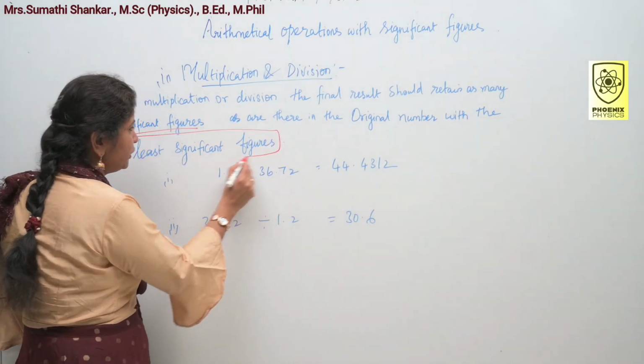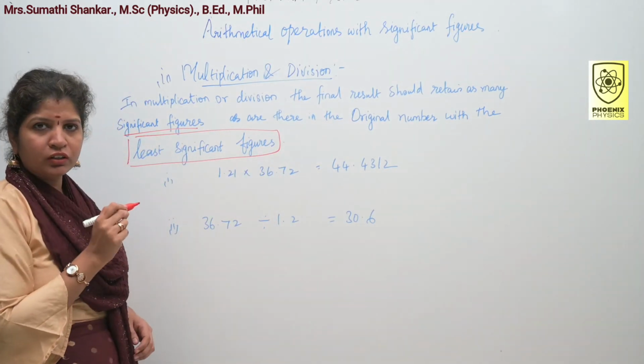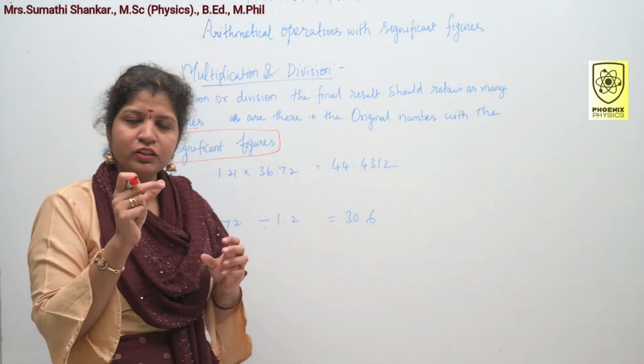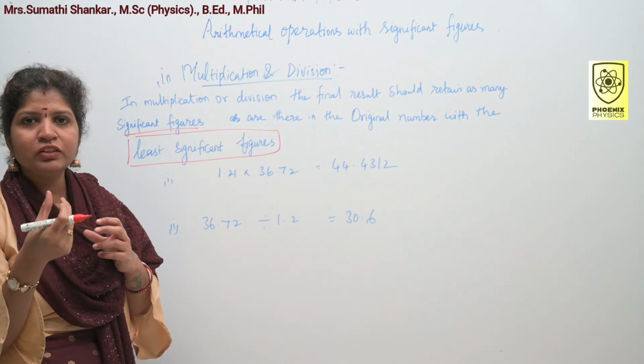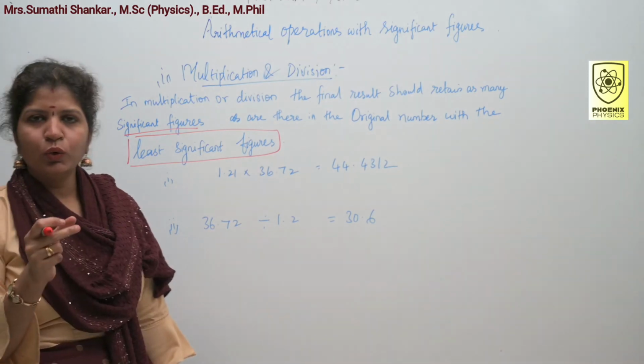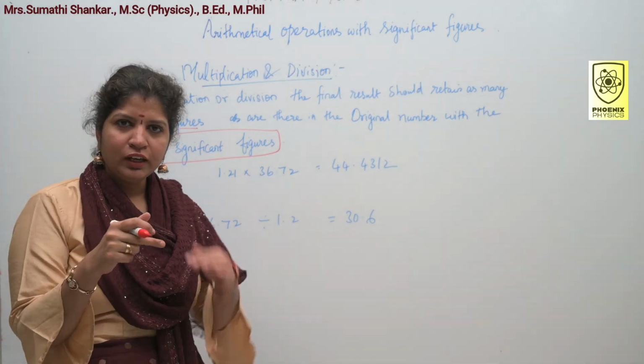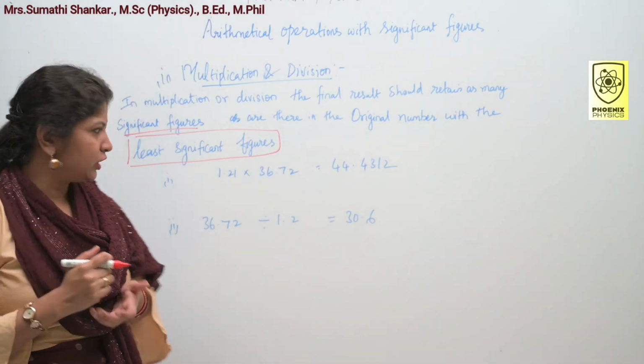This word is important. Least significant figures. Addition and subtraction means least decimal places. Multiplication and division means least significant figures. I hope you know the difference between decimal places and significant figures.